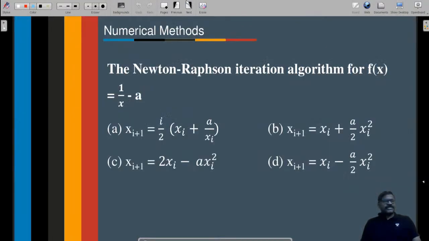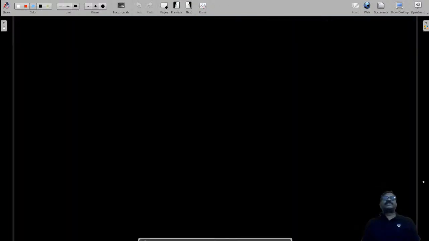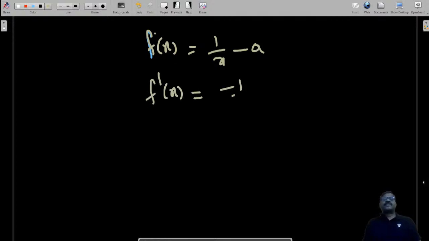Next problem. The Newton-Raphson algorithm for the function 1 by x minus a is, see, f of x is 1 by x minus a. Now f dash x is minus 1 by x square.